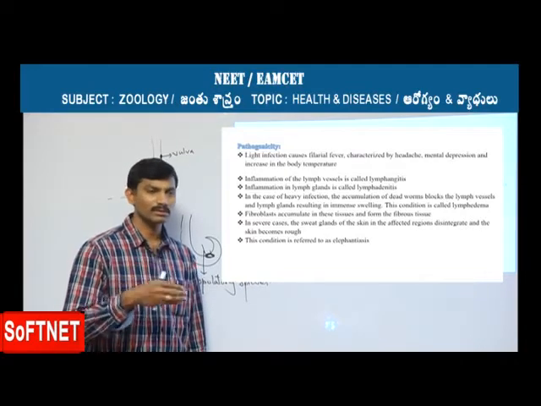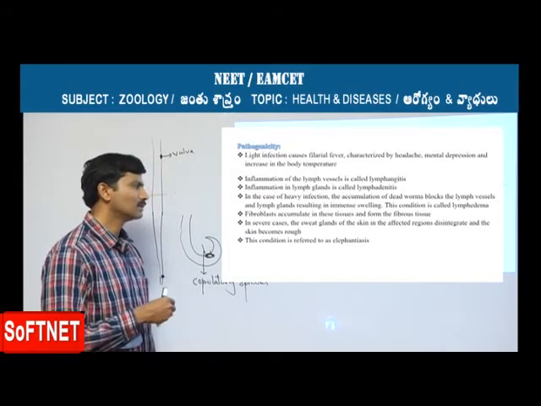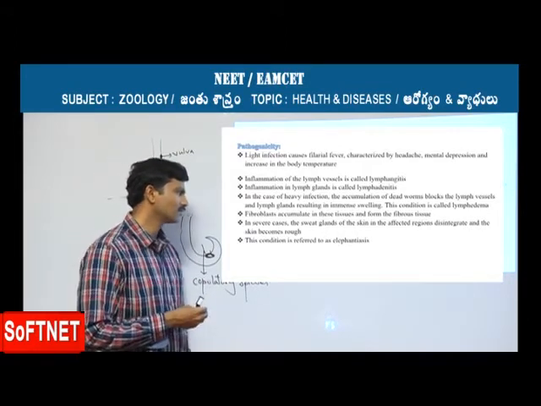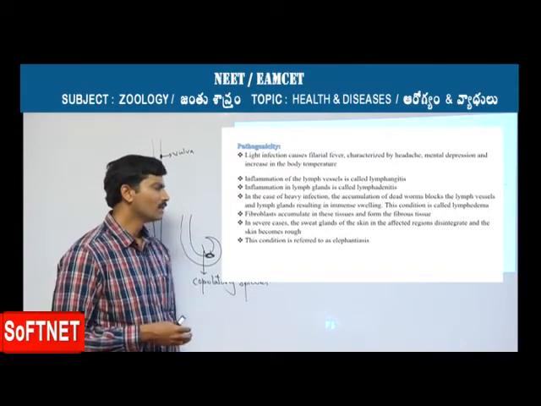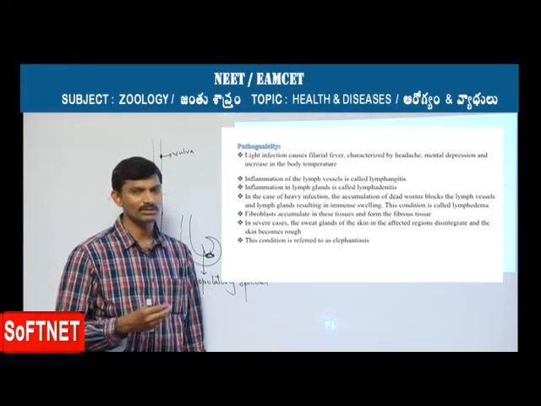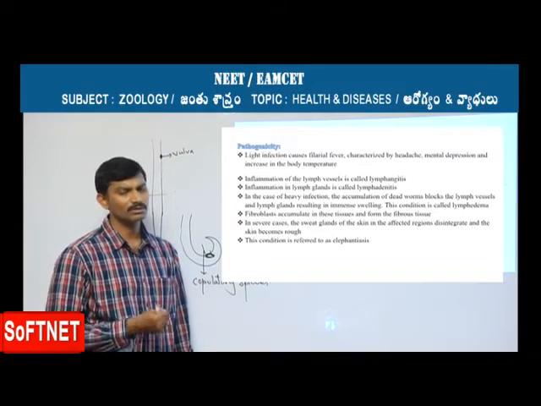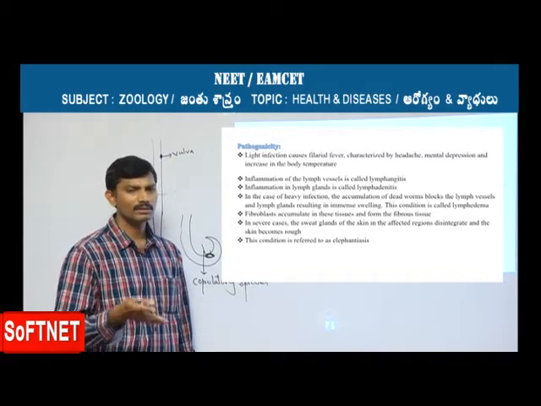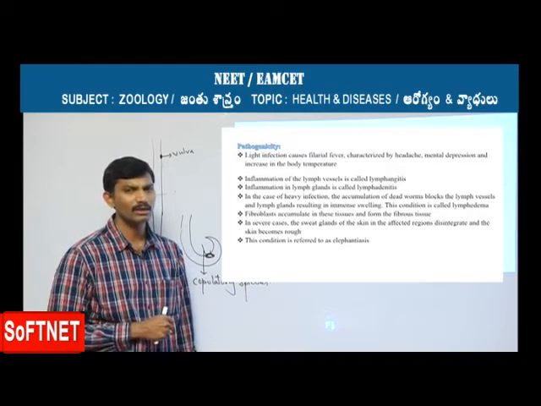The skin also starts losing its sweat glands, the affected area disintegrates the sweat glands, and the skin becomes rough. As a result, the entire region becomes enlarged due to the fibrous tissue, and the skin becomes dry due to the loss of sweat glands and the accumulation of lymph in the surrounding tissues, which leads to lymphedema.